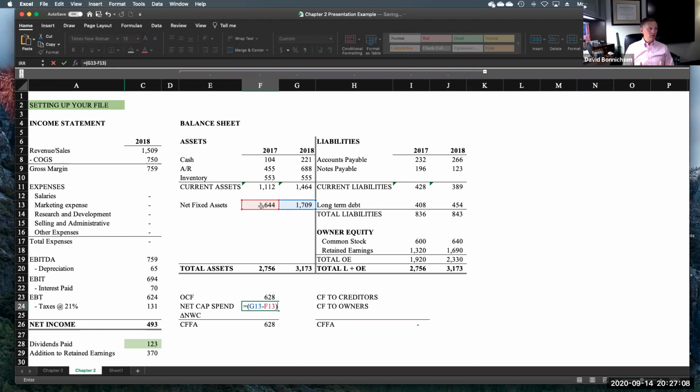Add back what? Depreciation. Add back depreciation, thank you very much. So net capital spending is the year-over-year difference in net fixed assets with the add back of depreciation.